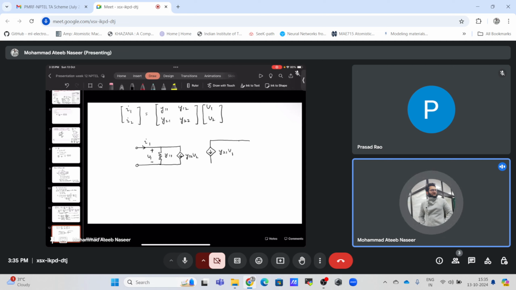I will also have y22, and on top of that, this is I2, and this will be v2. These are actually voltage controlled current sources, both. So this is the two port network.